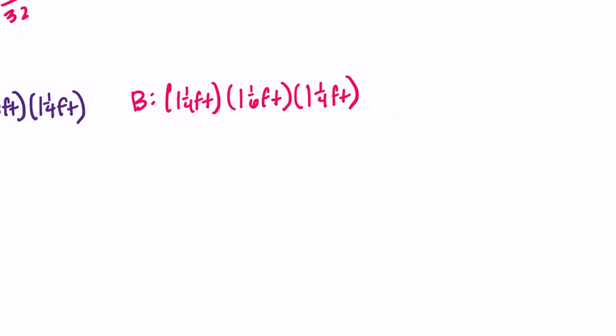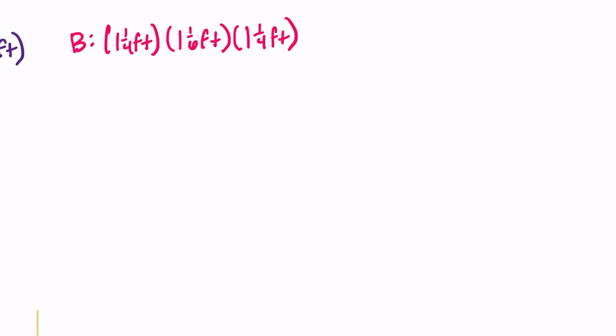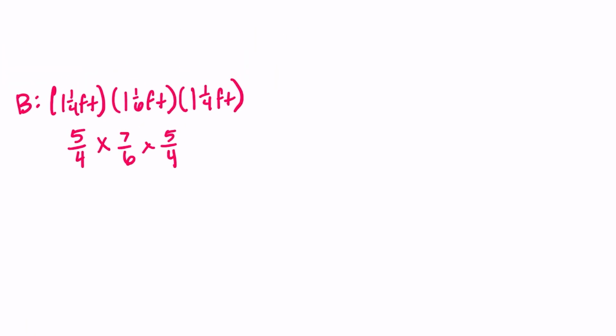Okay, I'll start with B since I'm already on B. So let's do 1 1/4 is 5/4 times 1 1/6 is 7/6 times another 5/4. So we have 5 times 7 times 5.